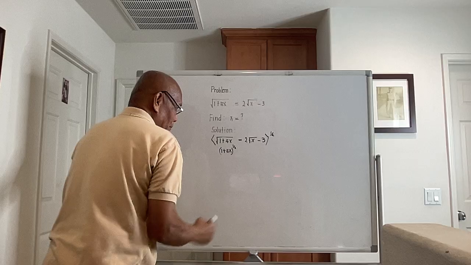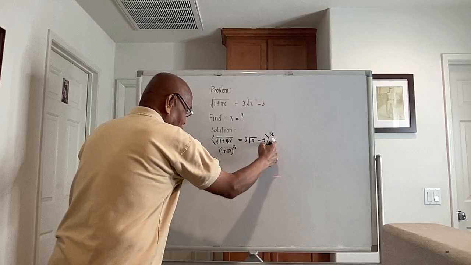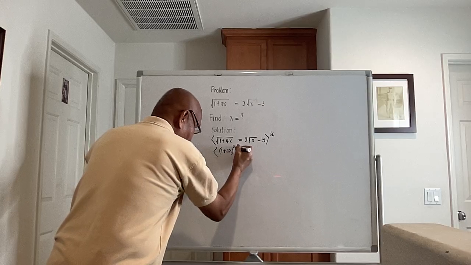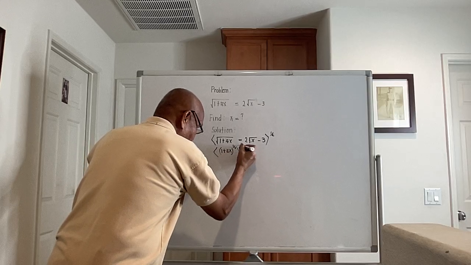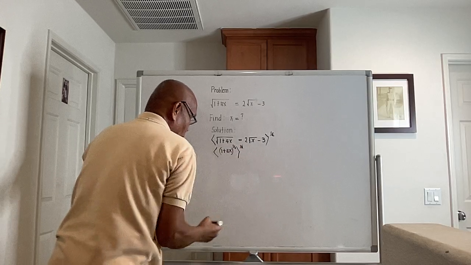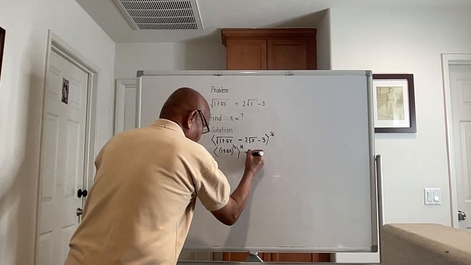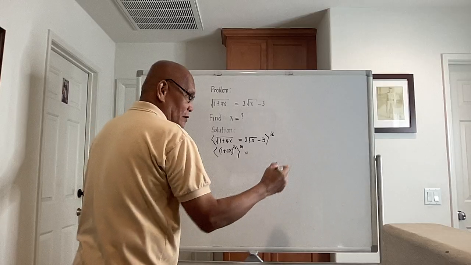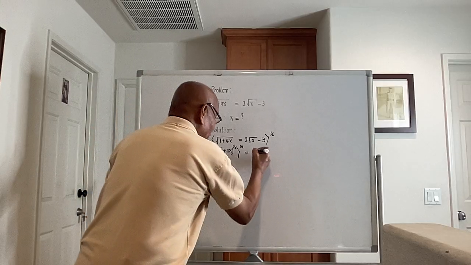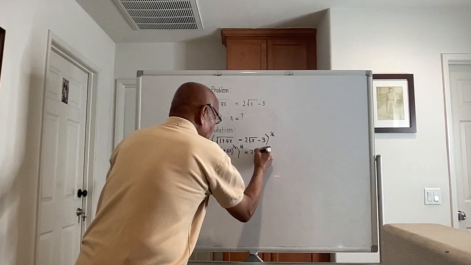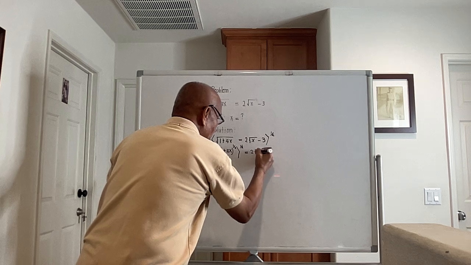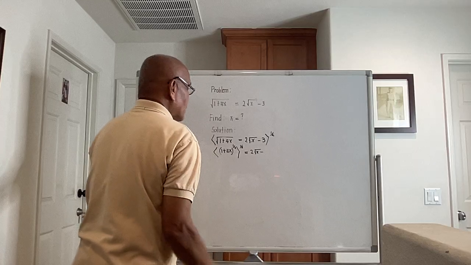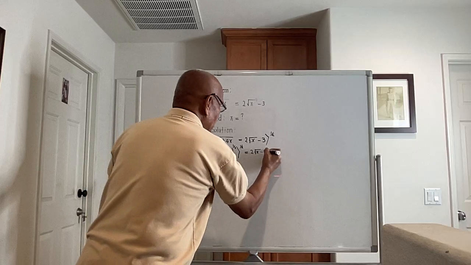Okay, but I will raise that again to the second power, so I'll be putting a bracket here, raised to 1/2, and this should be equal to the right hand side. Still we will copy it, 2 the square root of x minus 3.